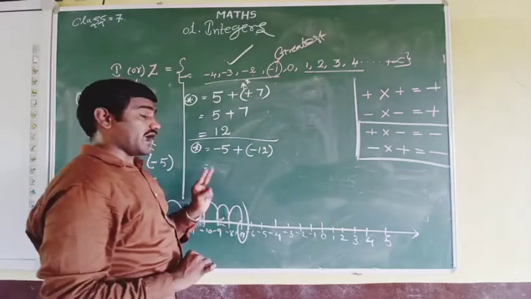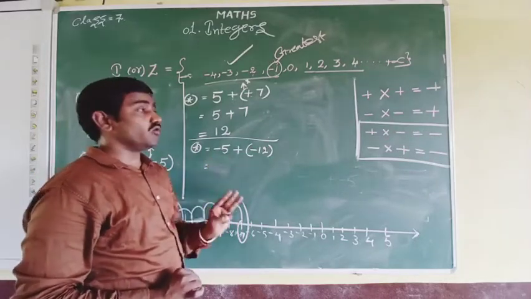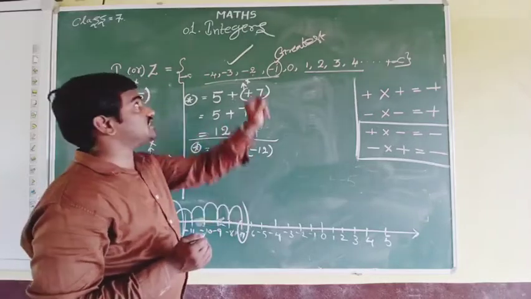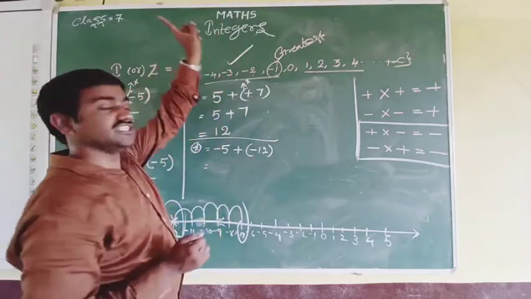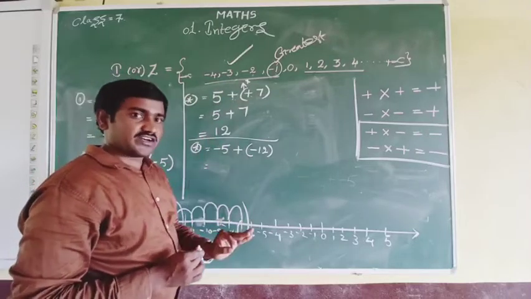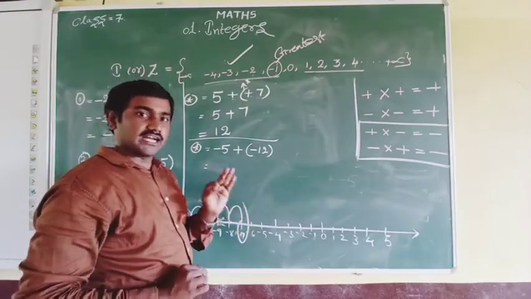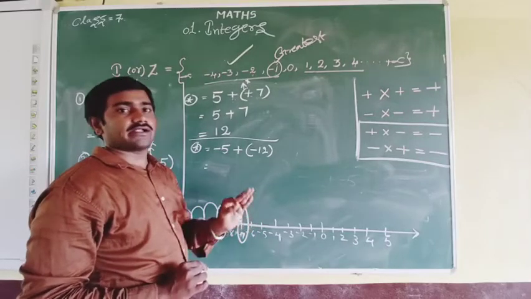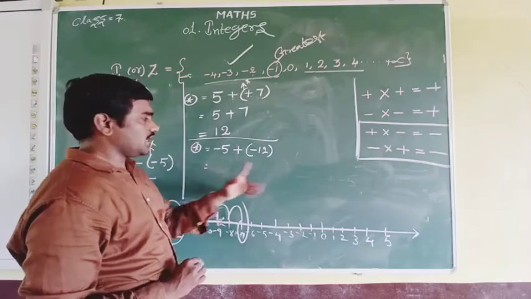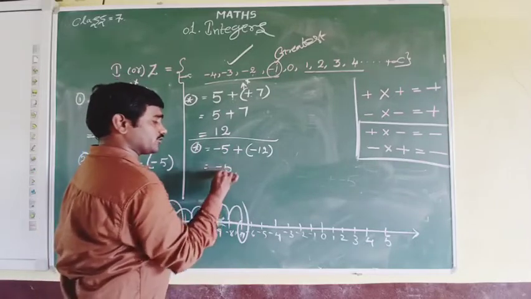Just remember, and 4 also, exercise number 4. This is the main basics to complete the first 4 exercises in the 7th class integers chapter, exercise number 1 to exercise number 4. If you understand this video perfectly, I am sure that you will be able to do the 4 exercises from the 7th class. I know you can do it now.